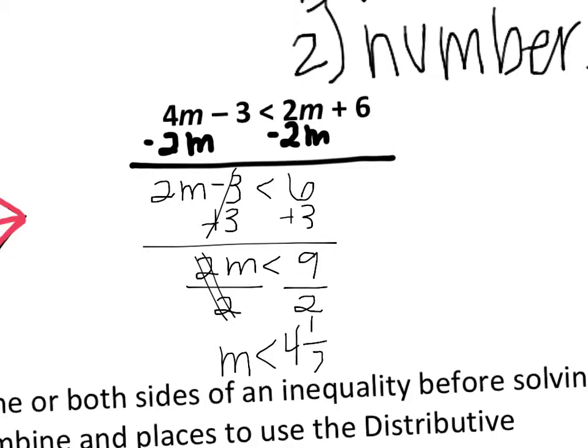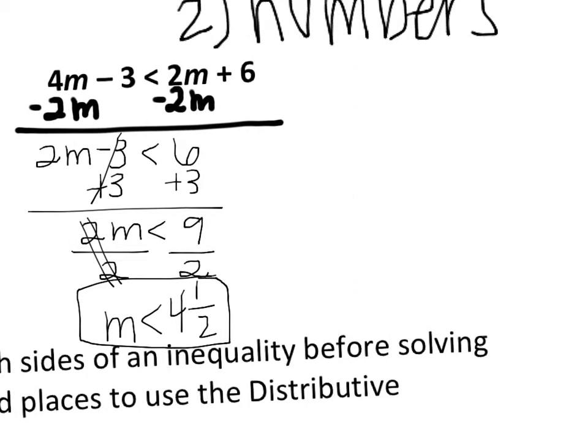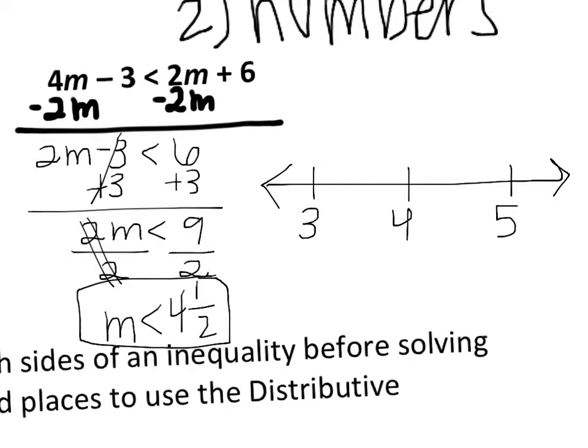Good. Now, to graph those with fractions, remember, just plot whole number points. So I could do 3, 4, and 5. And then just place your fraction in between the whole numbers where it should go. So 4.5 needs to go where? In the middle of 4 and 5. Yes.